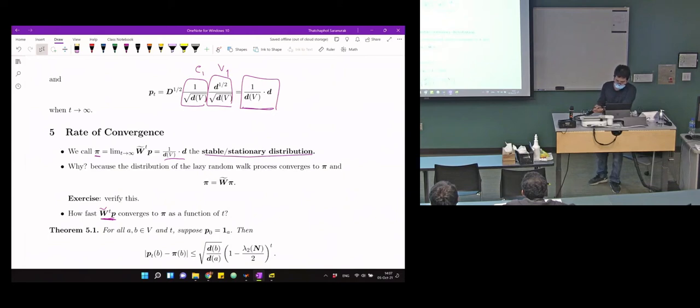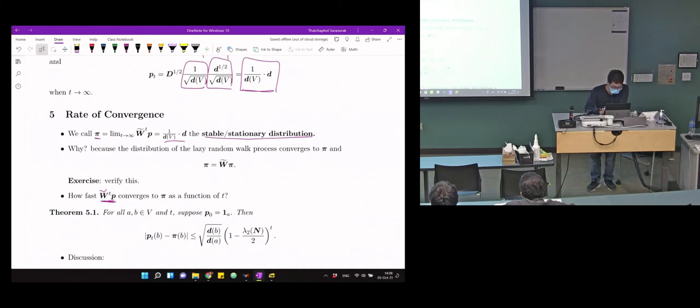It turns out that this will be basically dictated by the second eigenvalue of N. What we will show next is that if you start at any vertex A, and look at any vertex B, the probability that you end up at B at time t, you ask how much this probability deviates from what you expect if t is infinity.